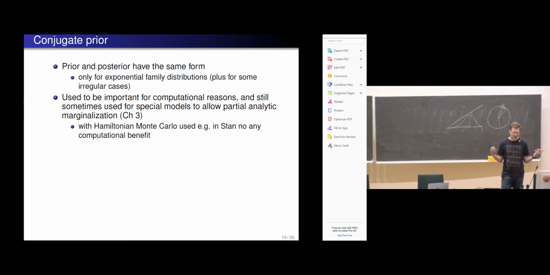But with these modern probabilistic programming frameworks using dynamic Hamiltonian Monte Carlo, for example Stan, there's no computational benefit anymore. People are still copying old models, old priors, so you can still see a lot of conjugate priors.